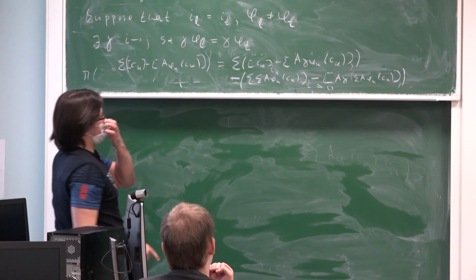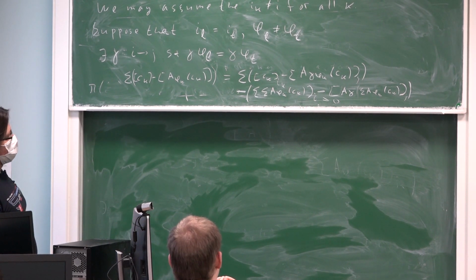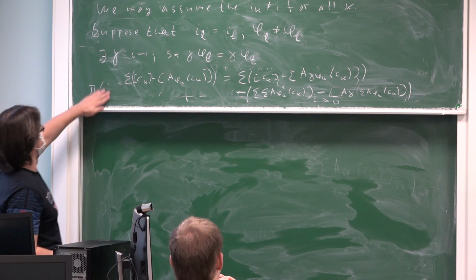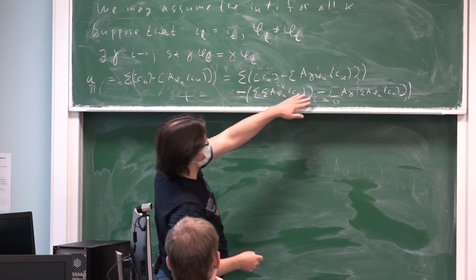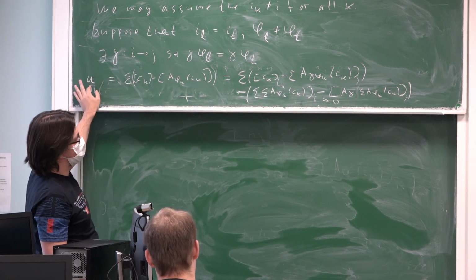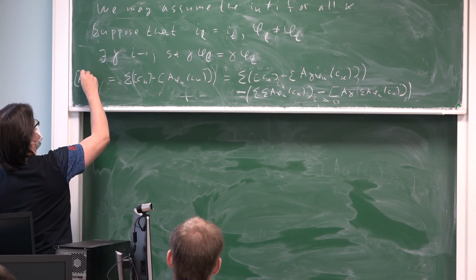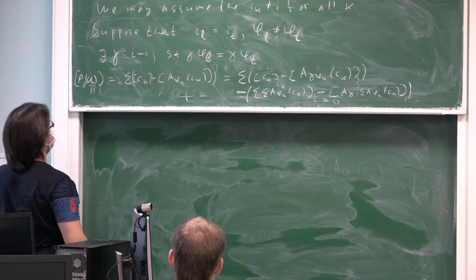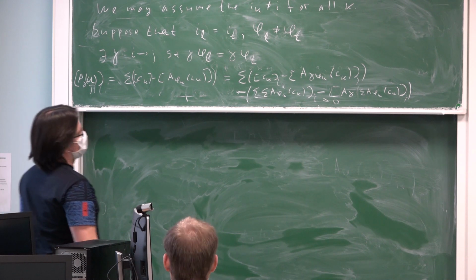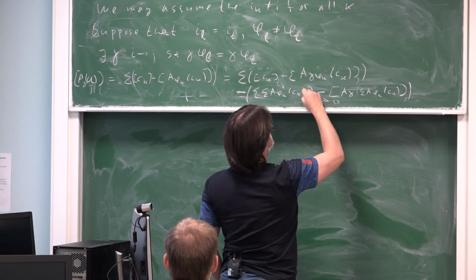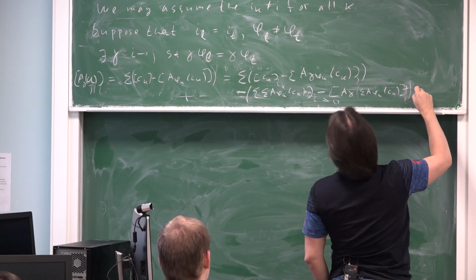We have to replace also a by a gamma of a, because a was in component I, but we want it to be in component j, so we can write that gamma of a equals this, but here we have to add a, and here we have to add a.